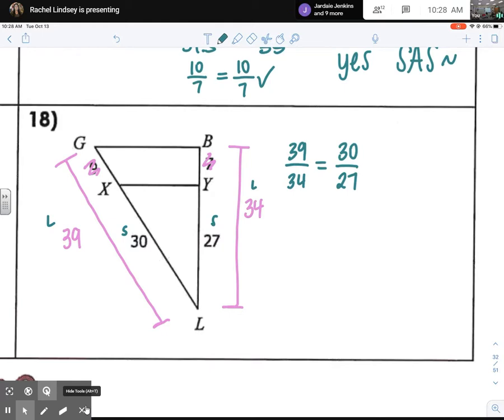So does 39 over 34 reduce? No. What does 30 over 27 reduce to? Are those two things the same? No. So those will be not similar.